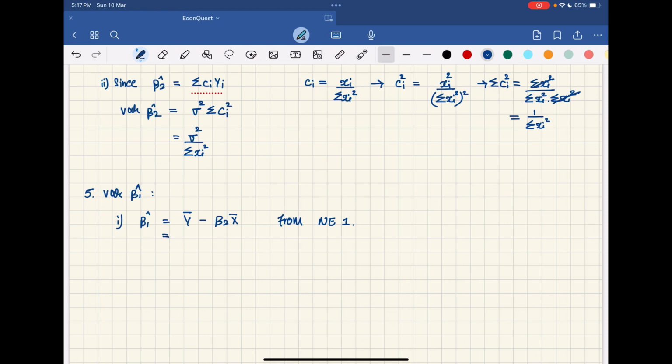So what is your y bar? It is sigma yi divided by n minus, what is the value of your beta 2? It is equal to this thing, right?